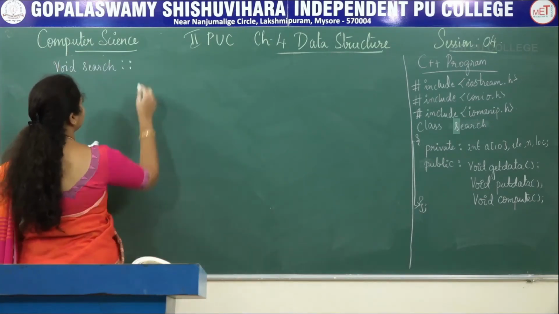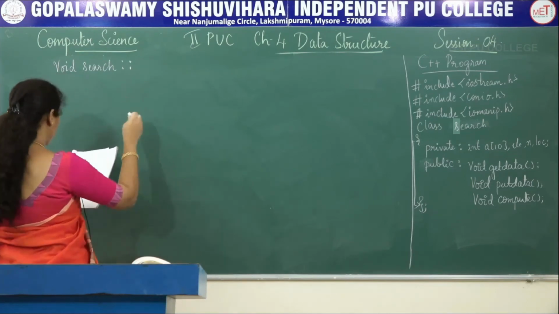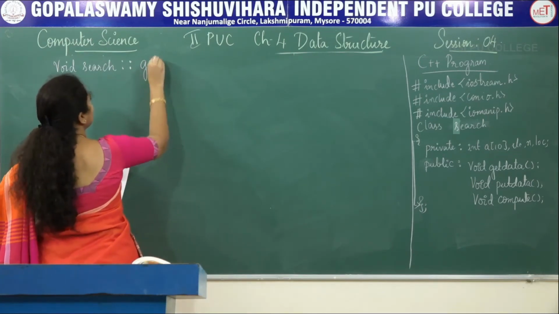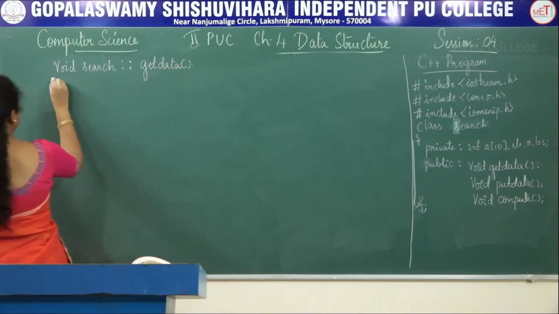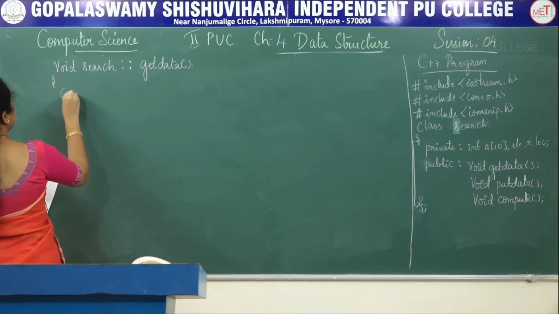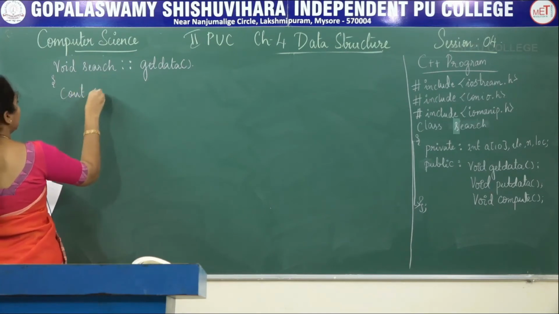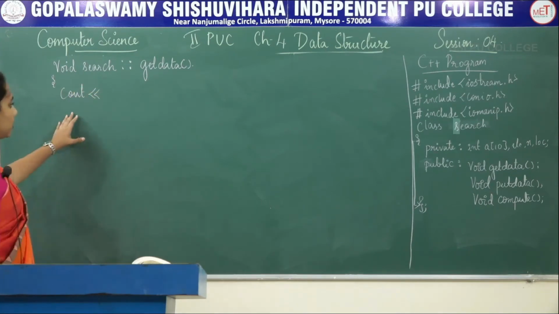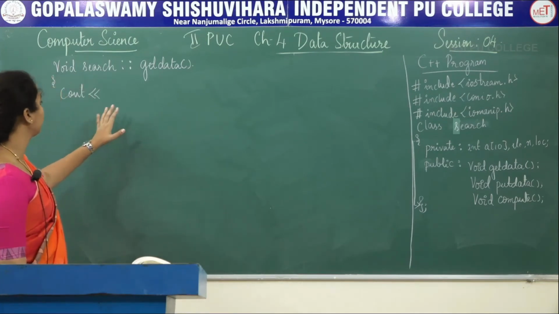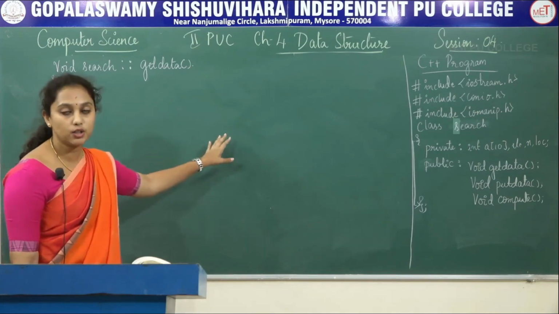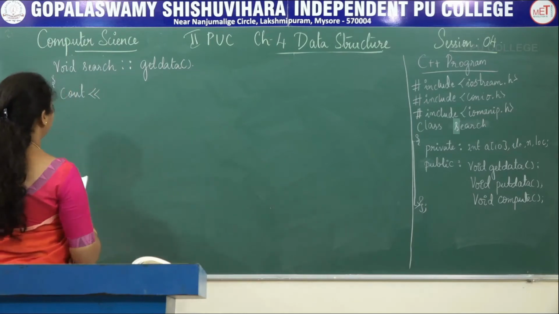Void search, scope resolution operator, then write the function name, get data function. So cout statement is used to display the data on the monitor.